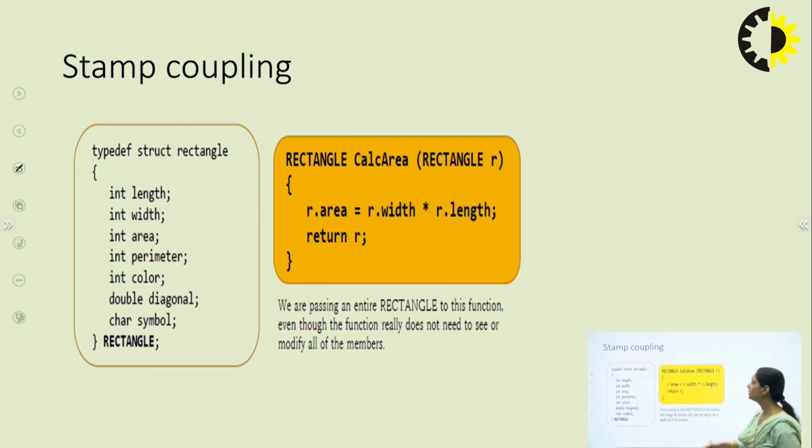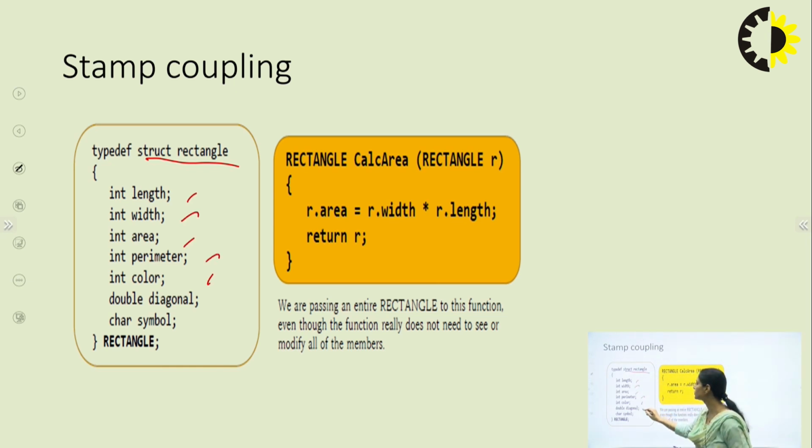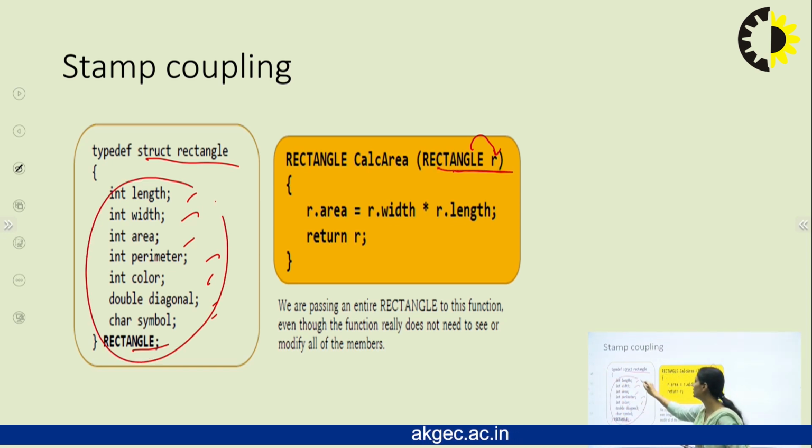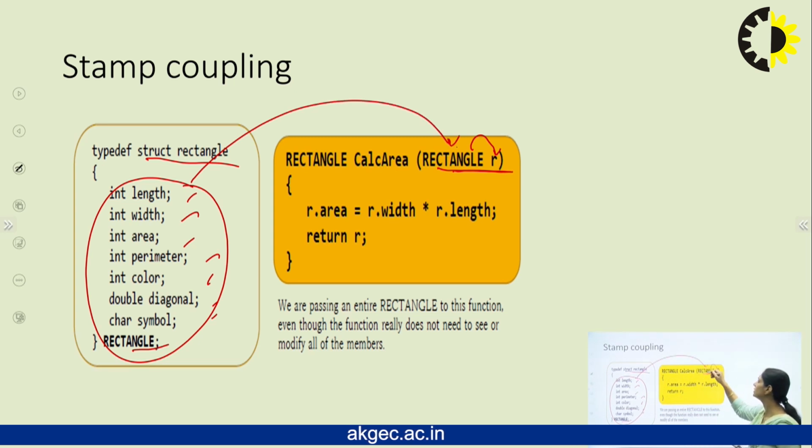For example, here we have a structure rectangle wherein these all are its values. This is an object of rectangle. When we are passing the whole structure, we are passing it at once. As soon as this rectangle R is passed, all these things will be directly passed to this module, and these can be accessed.